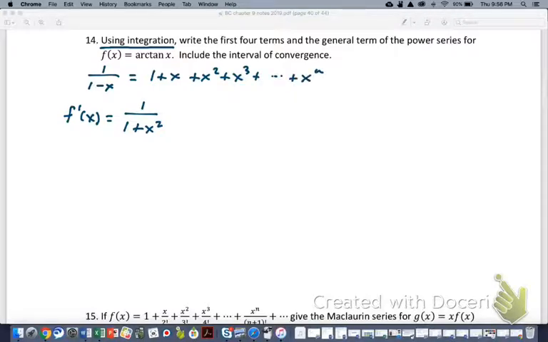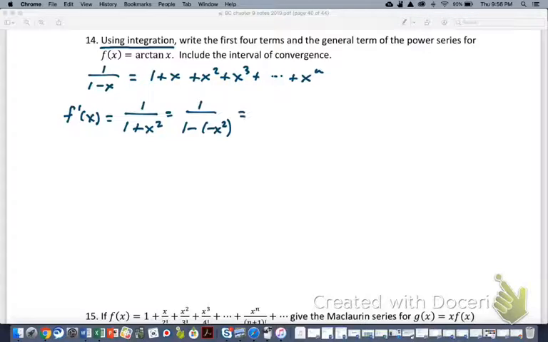And now I should be able to take that and write a new power series for 1 over 1 plus x squared. The way that I'm going to do this is substitution. I could write that this is equal to 1 over 1 minus negative x squared. So all I have to do now is plug in negative x squared for all the x's I have up above.